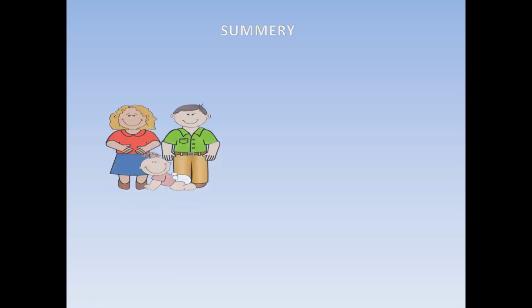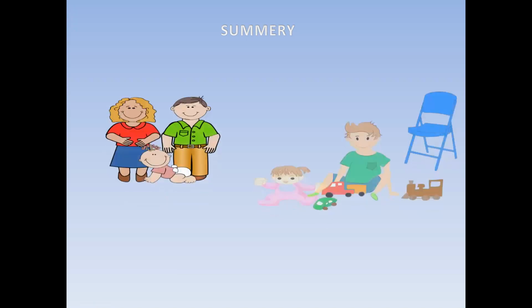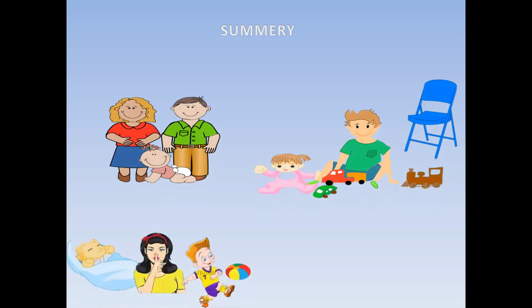Now, let's summarize our story. I told you before that the name of our story is Peter's Chair. Okay. Now, look at these pictures. By using these pictures, who can tell me what happens? These pictures can give us some information about our story.